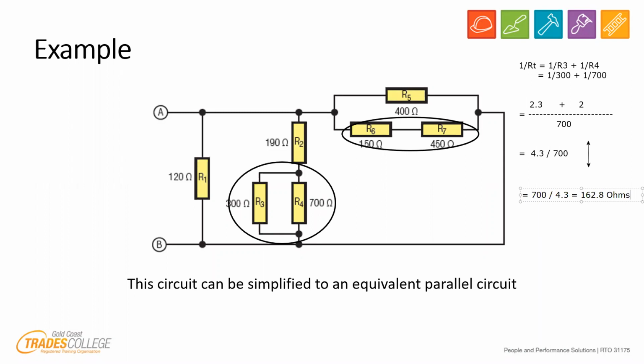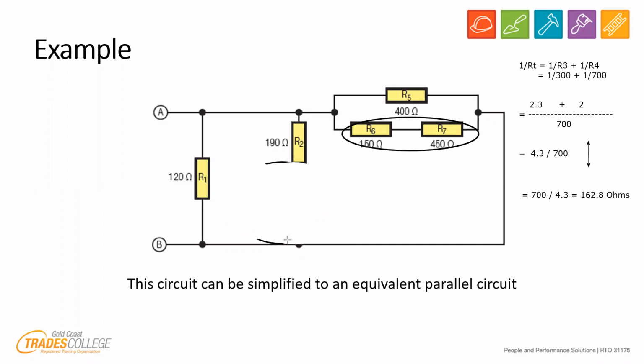Let's double check. We know that the number that we work out has to be less than 300, and it is. The problem here is that it's hard for me to draw in, unless I do this. Just clear this out of the way with a white circle, and there we are.